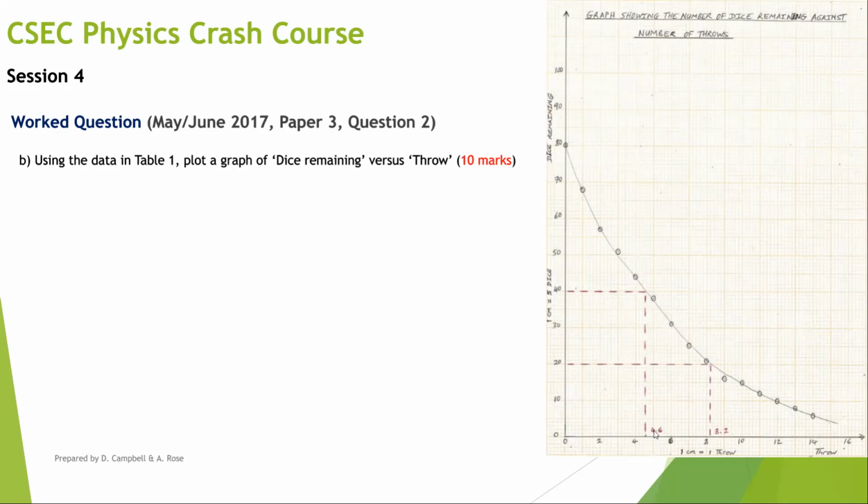But remember, we need to find the average half-life. So we need to do this more than once. So you can also find out how many throws it would take to get the number of dice remaining from 40 to 20, because 20 is half of 40. All right, so the number of throws where the dice is 40 is 4.6, and at 20 dice remaining, the number of throws is 8.2.